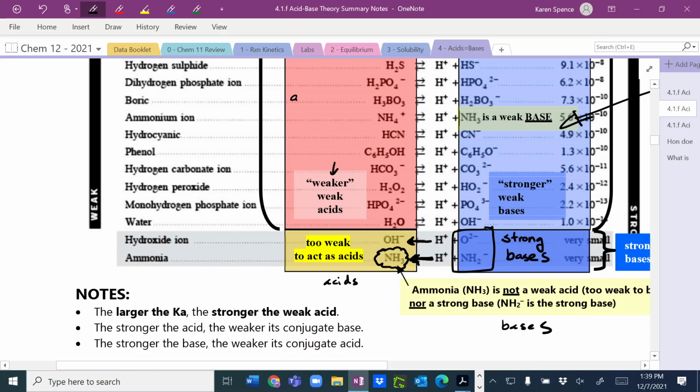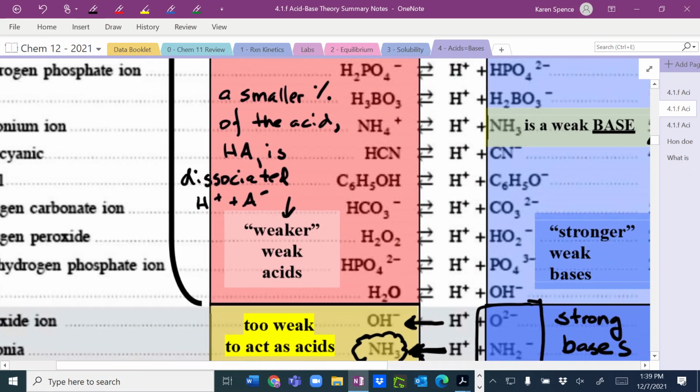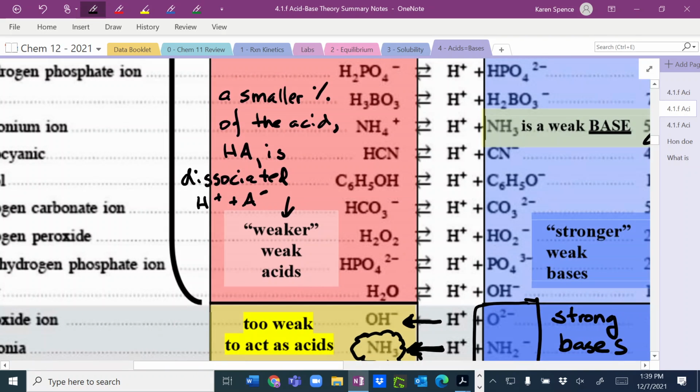The weaker weak acids, a smaller percent of the acid, HA, is dissociated into H+ and A minus. So if you have a weaker weak acid, not as much of it is dissociated or ionized.